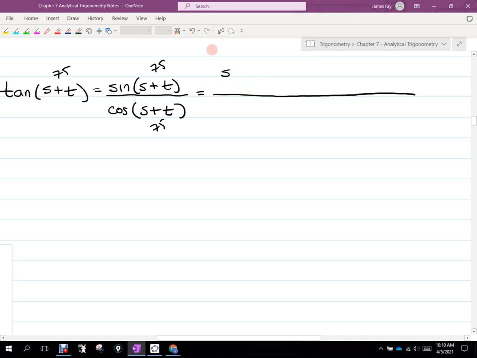Does that make sense? But sine of a sum is sine, and then it goes cosine, and then the same sine that is here, and then cosine, and then sine.